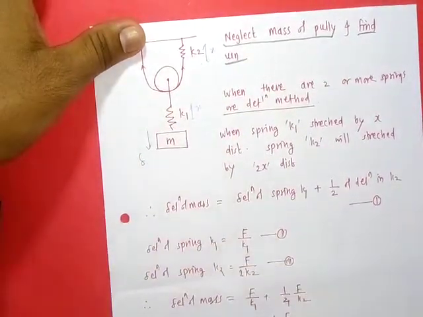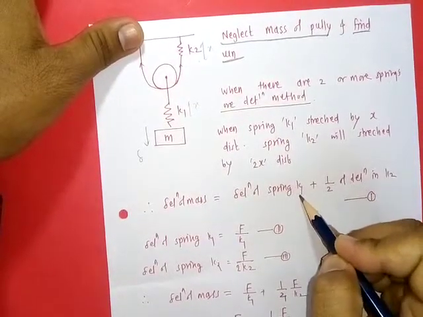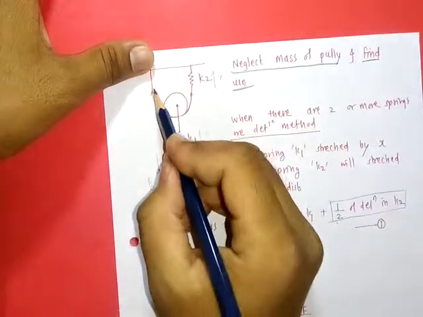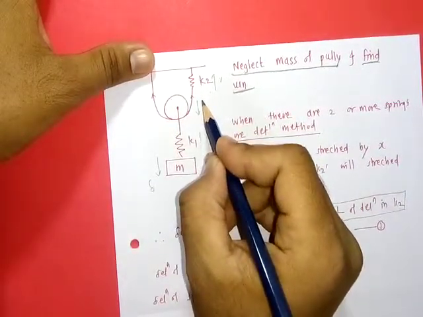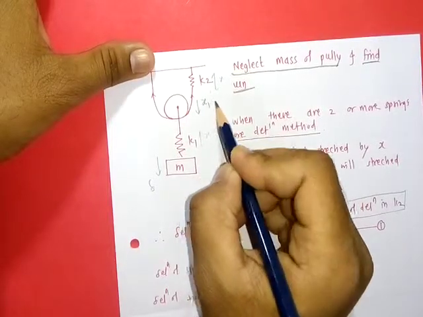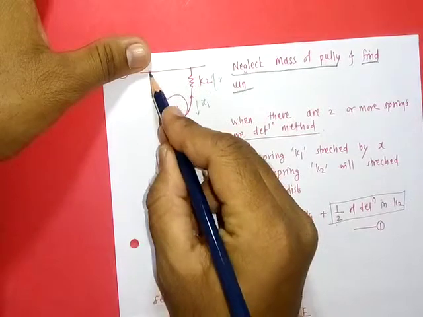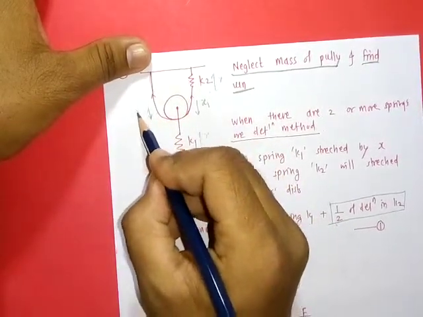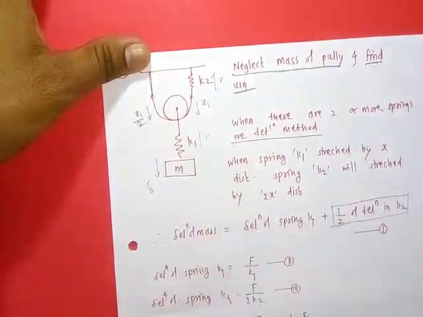Now the equation is deflection in spring 1 plus half, because this spring is unstretchable. When this spring deflects by x1 amount, then half of this x1 amount will be in this side. So the net deformation of this mass when the spring deflects by x1 will be x1 by 2.